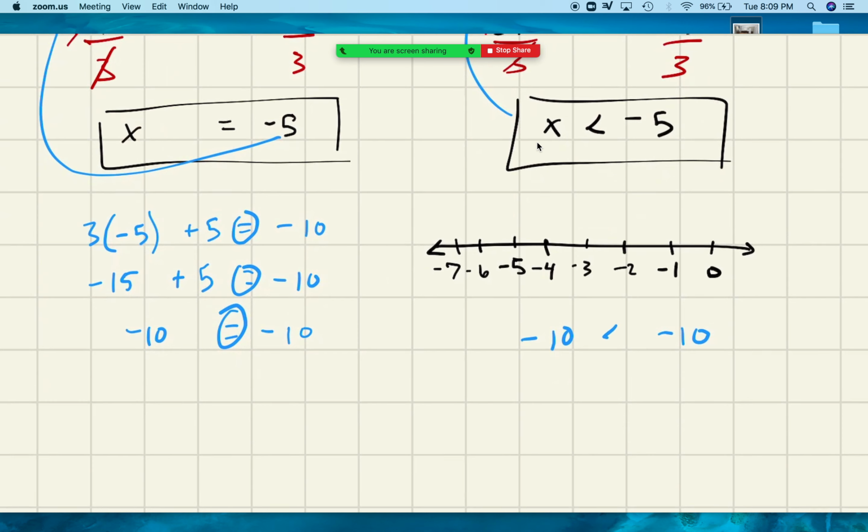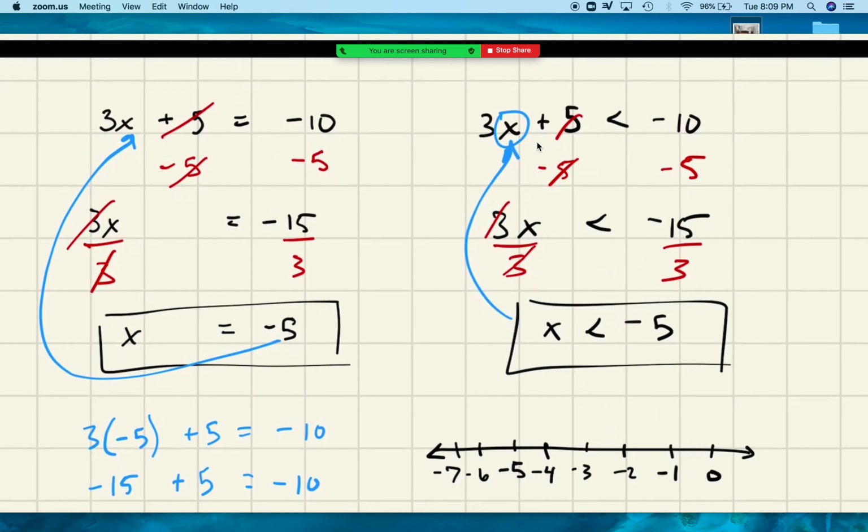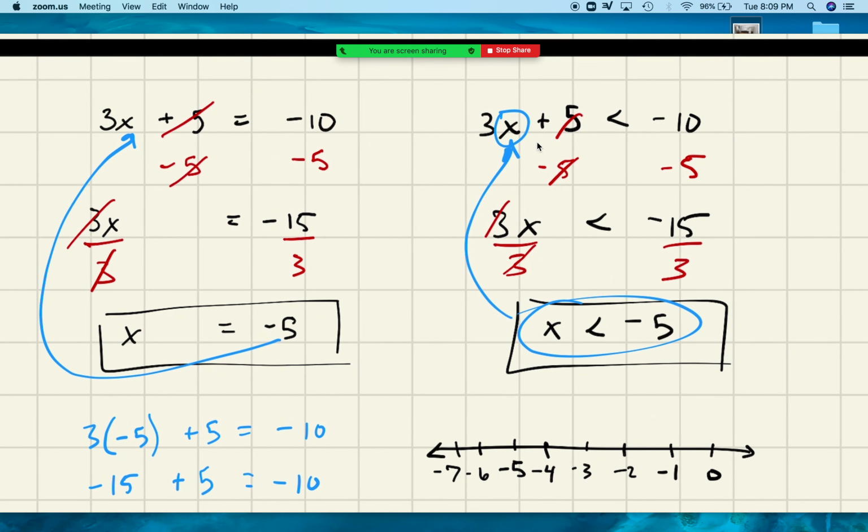So when I plug in this negative 5, I get negative 10 is less than negative 10, which is not true. Negative 10 is equal to negative 10. So that would be false. But I didn't plug in an answer properly because it doesn't say I'm allowed to plug in negative 5. It says I'm allowed to plug in anything less than negative 5.